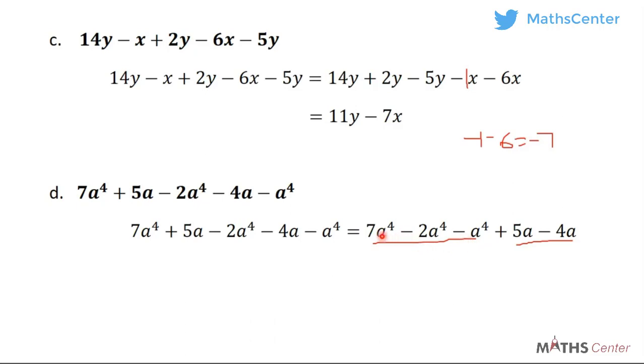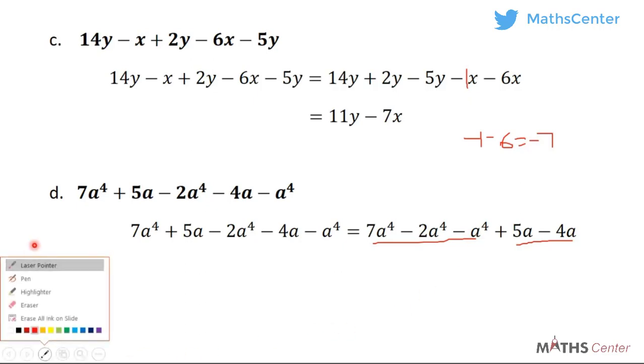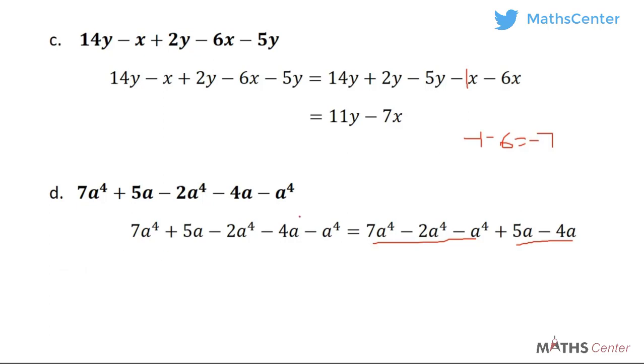So you are going to have 7 minus 2 minus 1. Remember, minus a raised to the power 4 is the same as minus 1a raised to the power 4. So if you are subtracting, you are going to have 7 minus 2 minus 1. We know that 7 minus 2 is 5, minus 1 is 4.